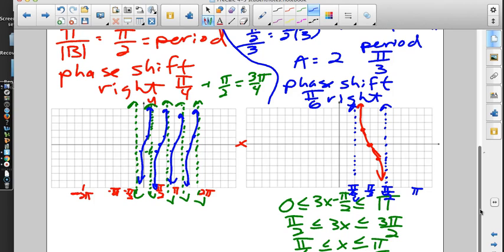Because this one has that period of pi over 3. 1 pi over 6, 2 pi over 6, 3 pi over 6, 4 pi over 6, 5 pi over 6, and 1 off. Because we don't necessarily need all the labels after this. But it would be good to have your asymptotes labeled. And then you just recreate it.